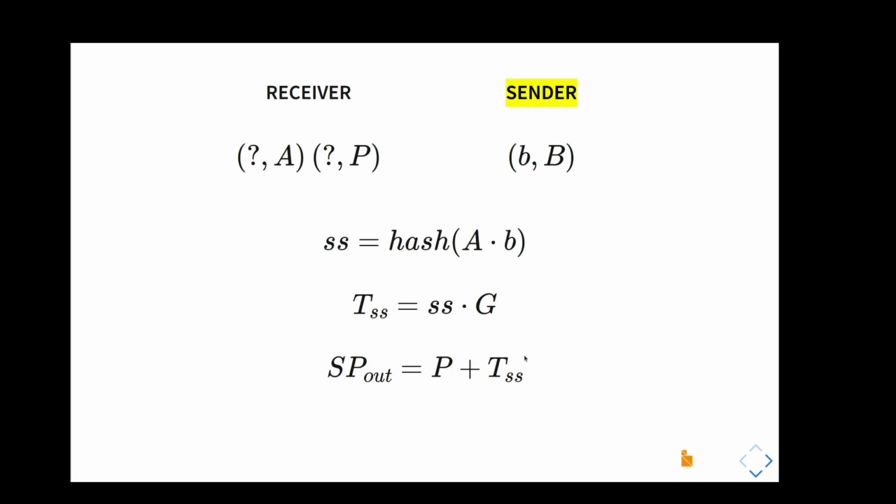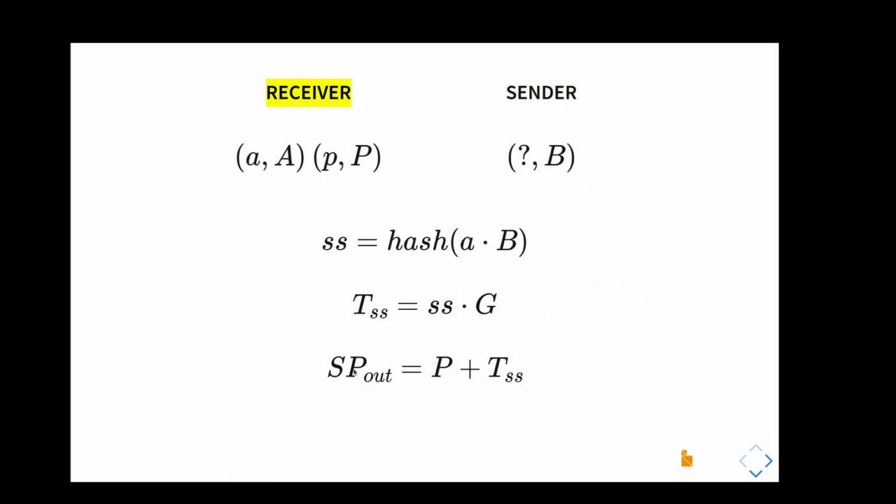In this way, we produce a public key that we can use to derive a script pubkey, and that script pubkey is the one that is going to go into the silent payment output. This, remember, is the perspective of the sender.